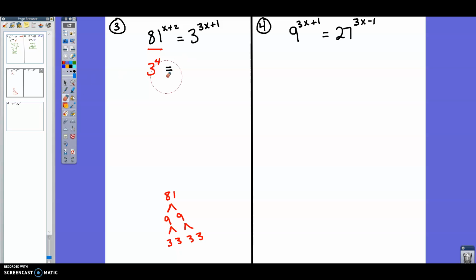Now, when we do change that 81, what's going to happen is that it's only the 81 that becomes 3 to the 4th. Now, that's still being raised to the x plus 2 power. The only thing that changes is 3 to the 4th replaces the 81, but we still have that x plus 2 there.